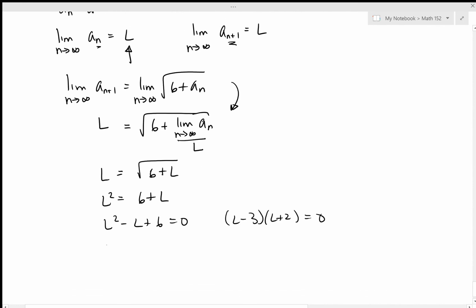The solution to that, which is reasonable for this problem, is L equals 3. So now I know that the limit as n goes to infinity of a_n is 3.